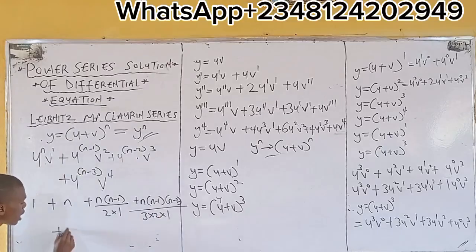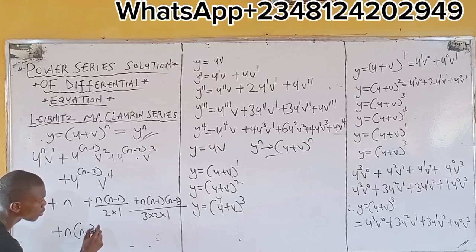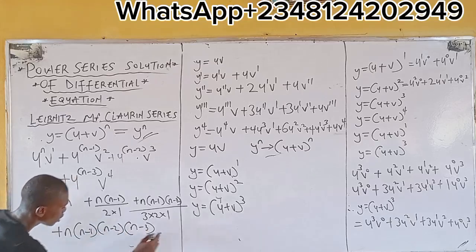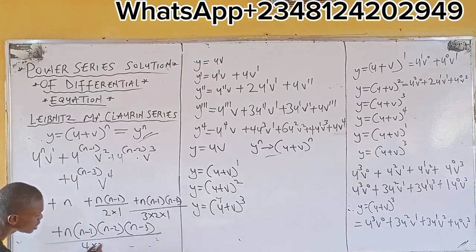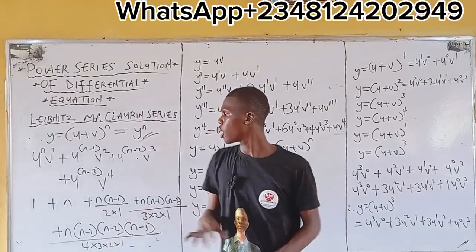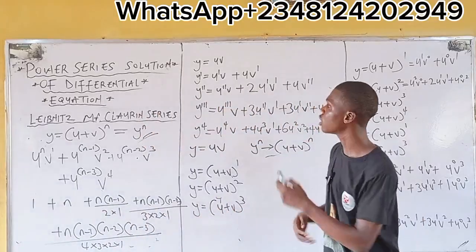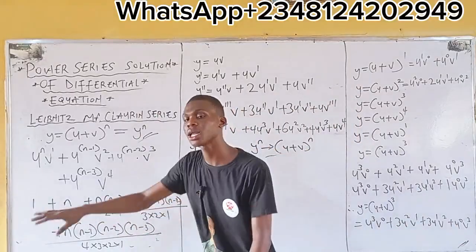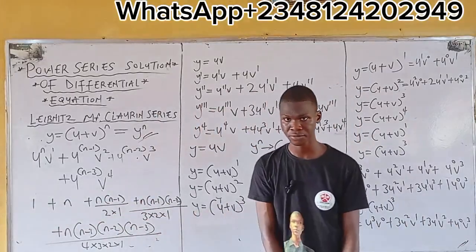Plus n all into brackets n minus 1 multiplying n minus 2 multiplying n minus 3 all divided by 4 times 3 times 2 times 1. Meaning that those coefficients we obtain from Pascal triangle. This is the formula in terms of n. Are you getting that all?